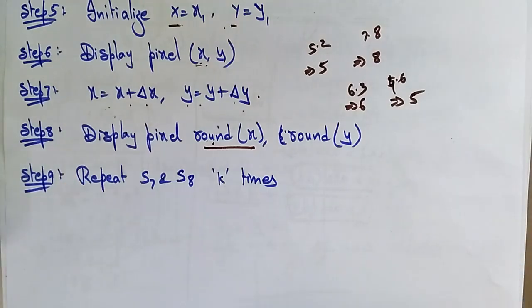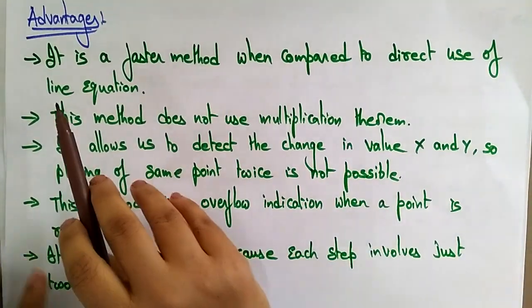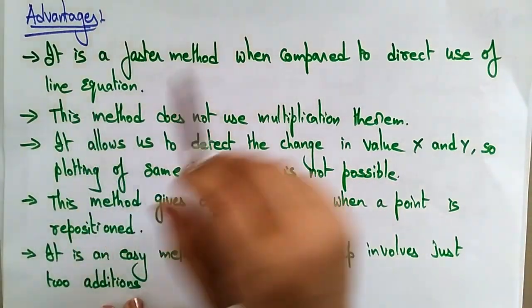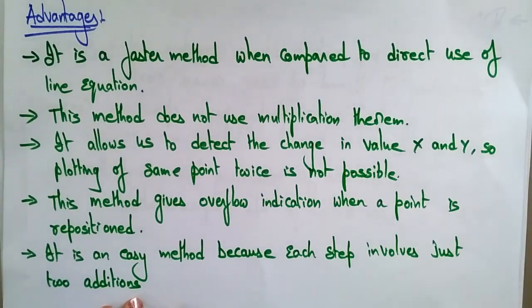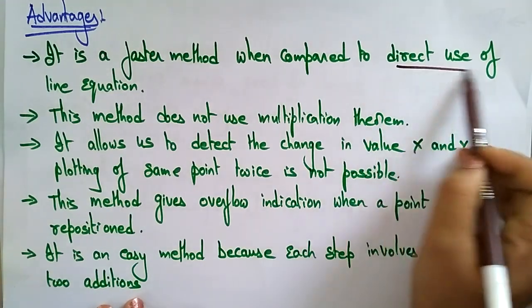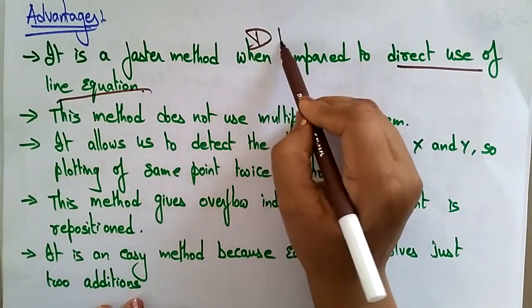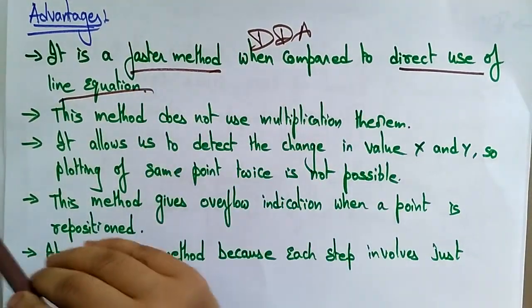Let me explain the advantages and disadvantages here. The advantage of this digital differential analyzer is that it is a faster method compared to direct use of the line equation. Rather than using the direct line equation, if you follow the DDA algorithm, it is very fast.